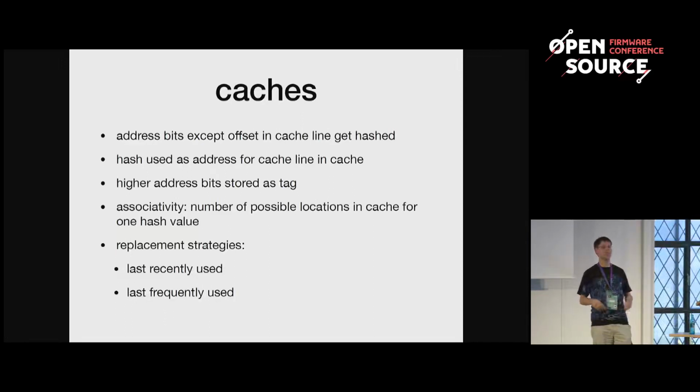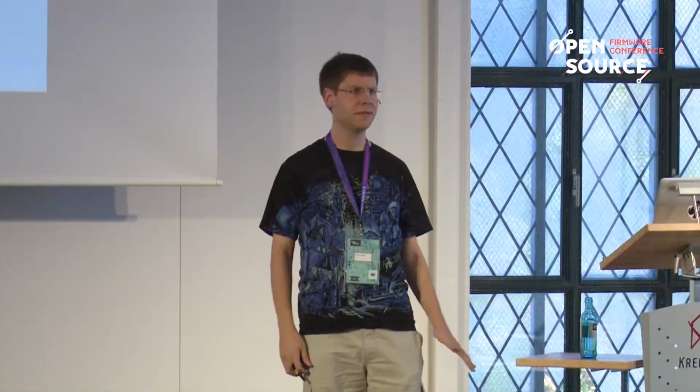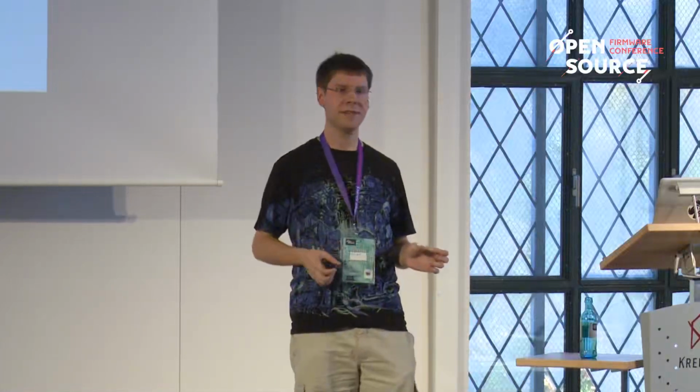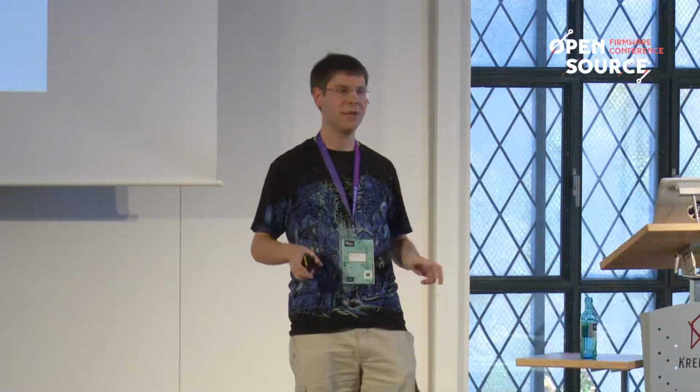So when you have a fully associative cache, then you can put every cache line in every position in the cache. But you need a lot of hardware to implement that. So I think in modern processors you have an associativity of 16 or 24: when that hash has a certain value, you have 16 or 24 cache lines where you could put it.